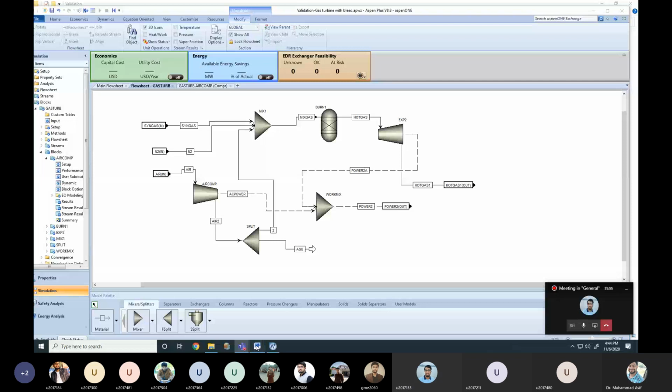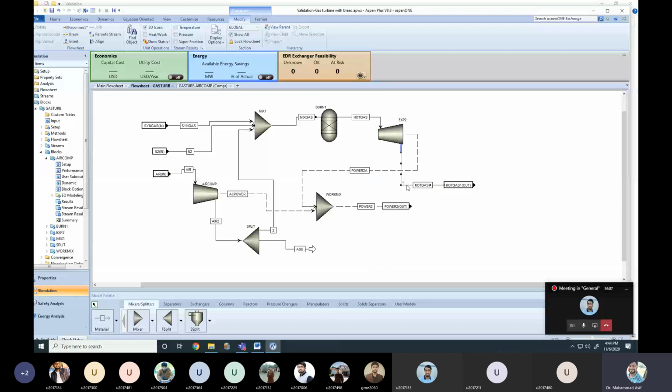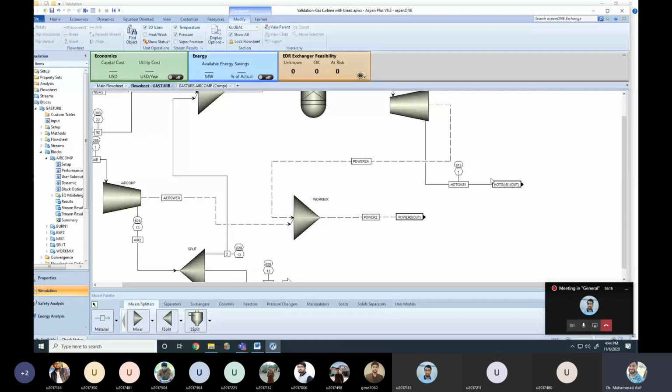No. After expansion in the gas turbine, can you see here, the temperature and pressure is still very high. Can you see the temperature and pressure here? Let me show you the temperature and pressure. What is the temperature here?